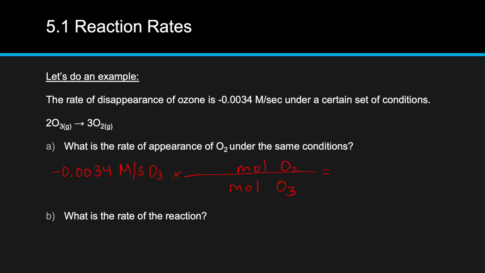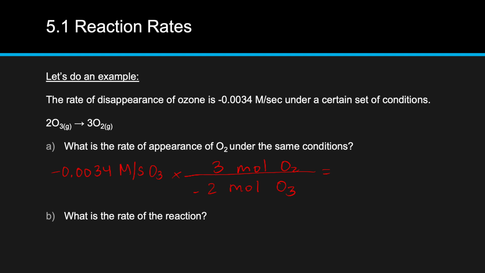The only difference here is when we're talking about rate of reaction, we have to realize that if we have a reactant and it's moving towards the products, our coefficients for our reactants are going to be negative because, again, they're moving away from that. And then for our products, they're going to be positive. So for O3, it's not going to just be 2, it's going to be negative 2. And for O2, it will be 3 because it is a product, so it'll be positive.